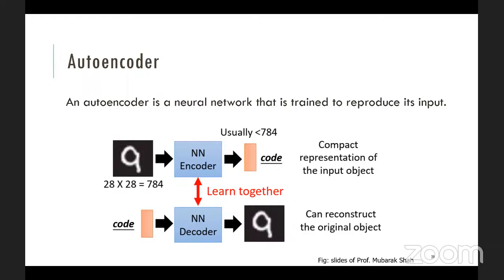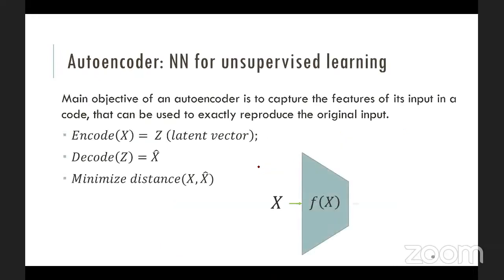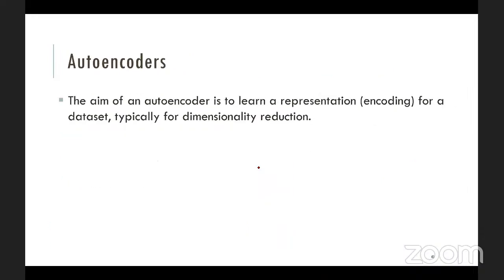Autoencoders are also neural networks, which are trained to reproduce the input. The encoder learns a compact representation of the input, and then the decoder decodes it and can reconstruct the original picture. Of course, some loss will be there, but this code, or latent space, is of much smaller size, and the most important features are captured.